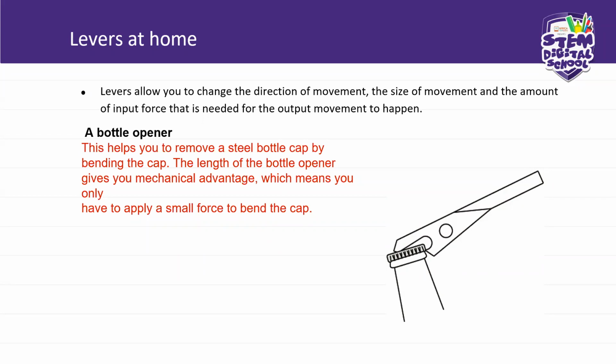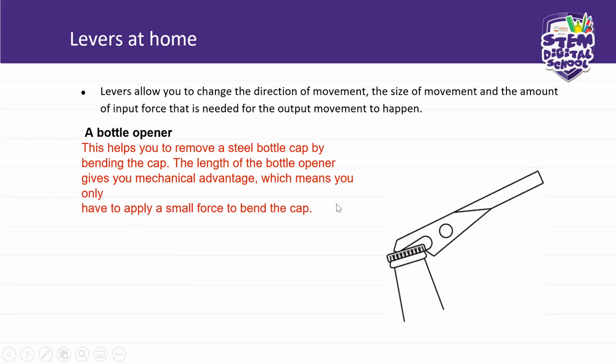What class lever is this? Where the load is between the fulcrum and the effort. What class of lever is this? It's a second class lever because the load is between the fulcrum and the effort.